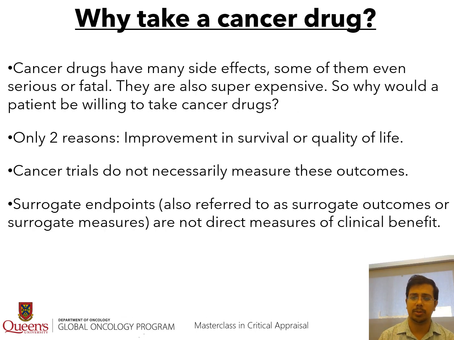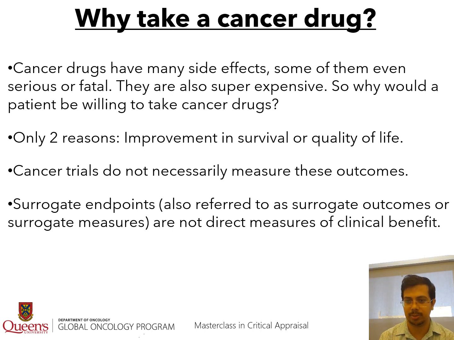So first, let's talk about why a patient with cancer takes cancer drugs. Because we know that cancer drugs have many side effects, some of which can be serious or even fatal, and they are also quite expensive. So despite these caveats, why do we prescribe cancer drugs and why do patients take cancer drugs?